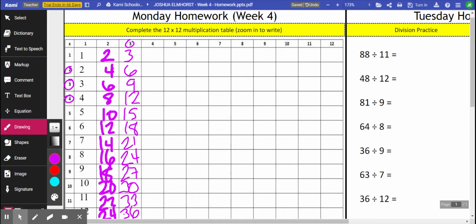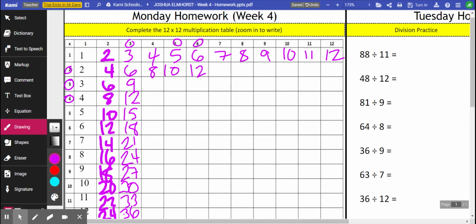We're trying to build these multiplication facts. They're very important as we go through 6th grade. Now, if you want to just go across, all your multiples of 1 are going to go across as well. And this is also going across the other way. So 2, 4, 6, 8, 10. So we got 2 times 5, and then 2 times 6 is 12.